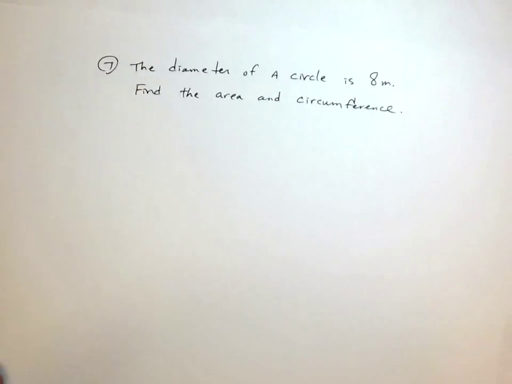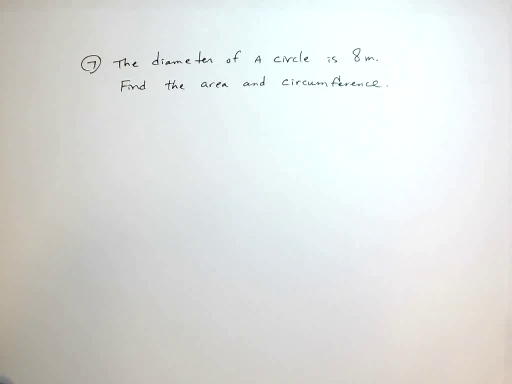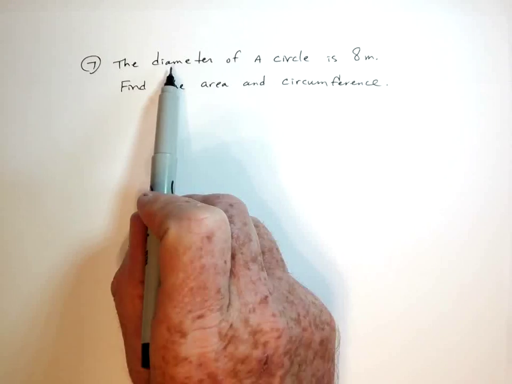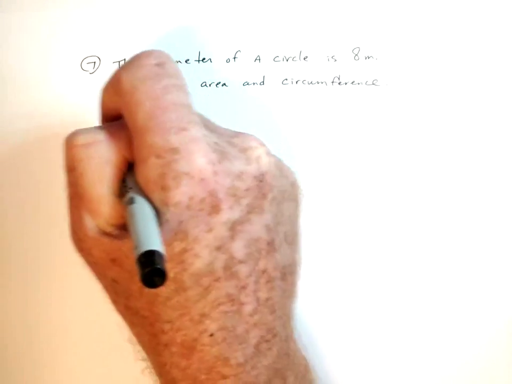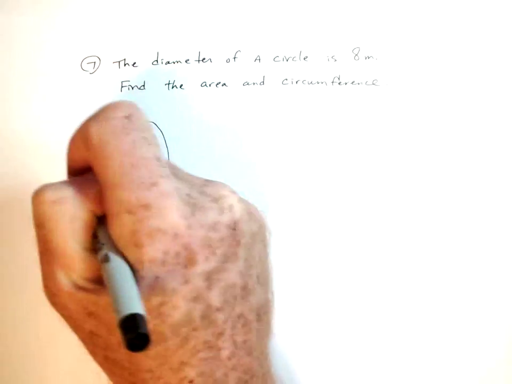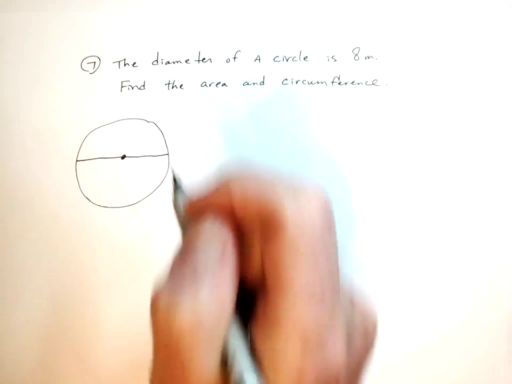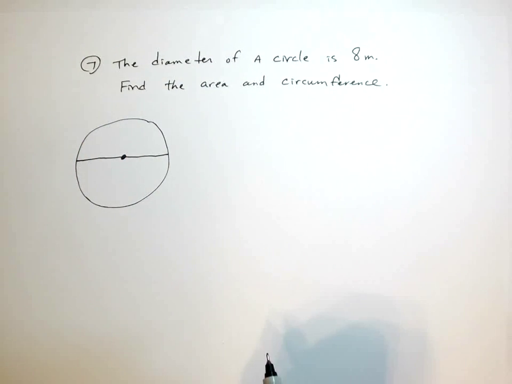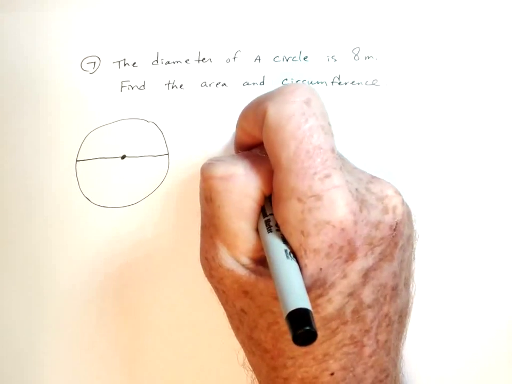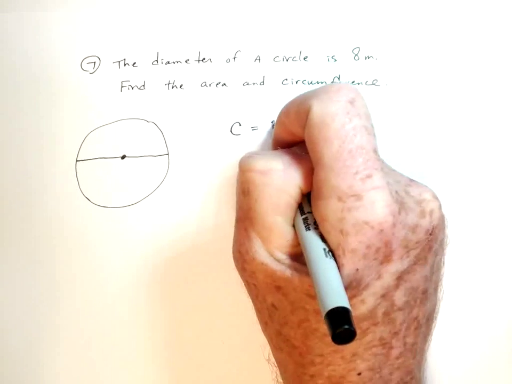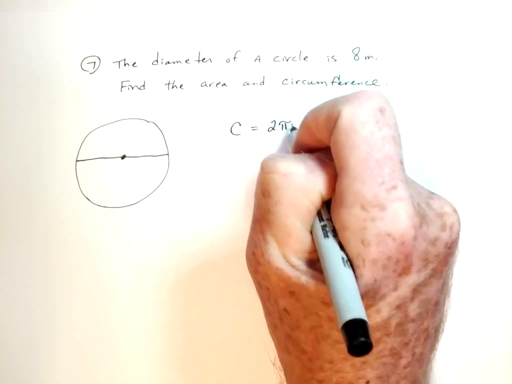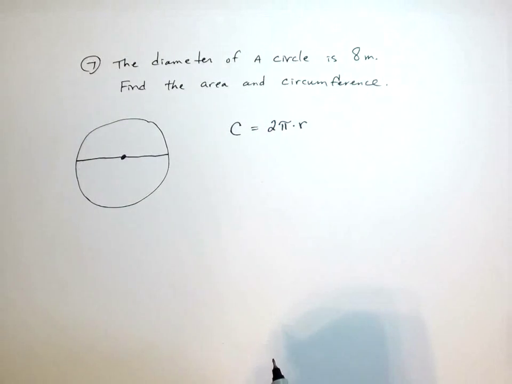Here's another one about geometry. This time it's a circle. So with a circle, the diameter means you look at the circle. Diameter means go right across the middle. All the way across is the diameter. Well, the formula for circumference of a circle is 2 pi times the radius.